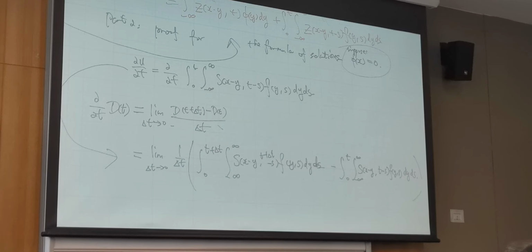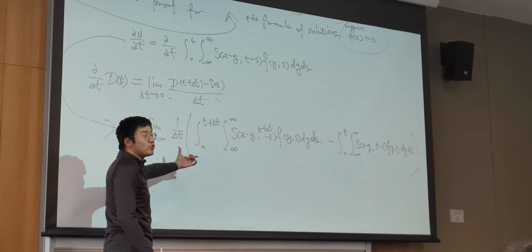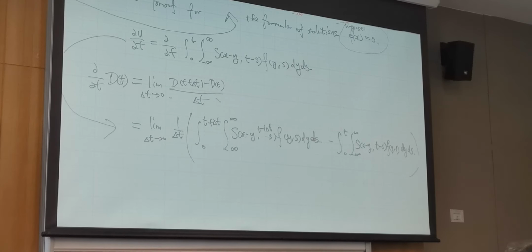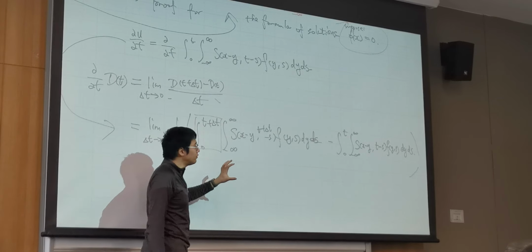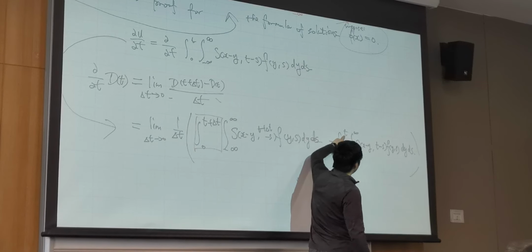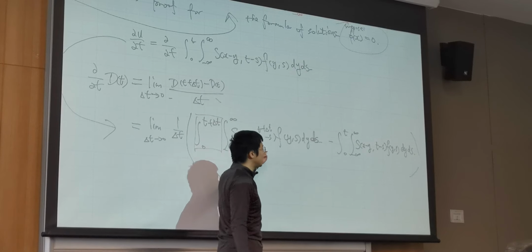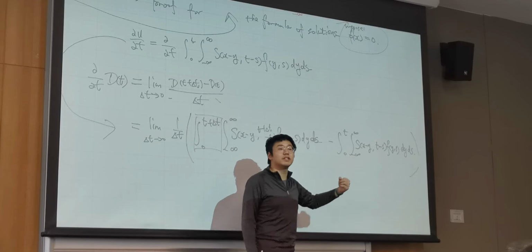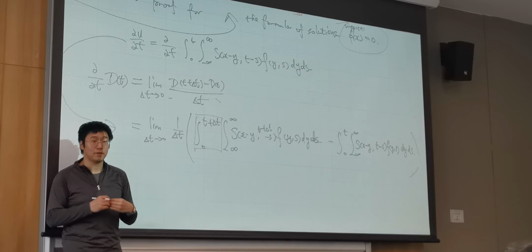And then we are able to separate the integration into two parts. The first integration can be divided into two parts exactly because of the domain of the integration. It starts from 0 and ends at t plus delta t, but don't forget the second one starts from 0 and ends at t. If I would like to combine the first integration and the second integration, then their domains of integration have to fit each other, right?